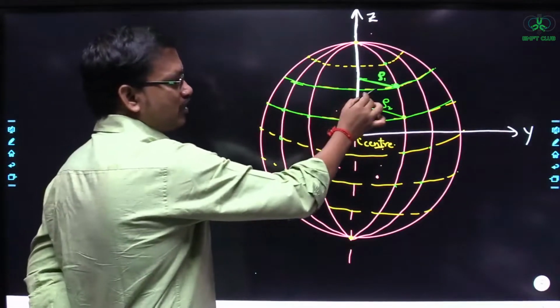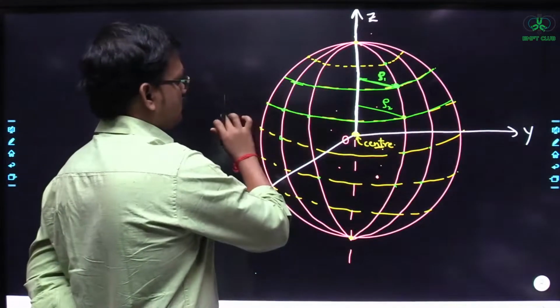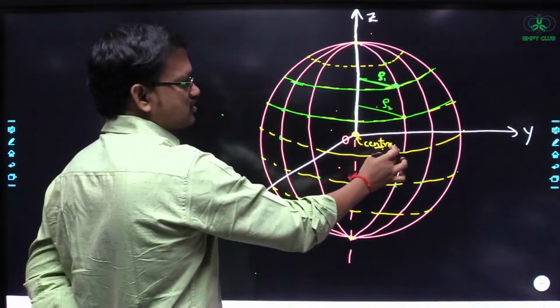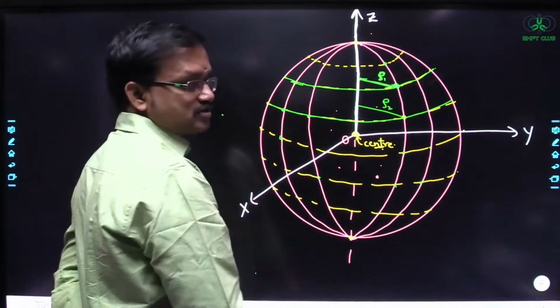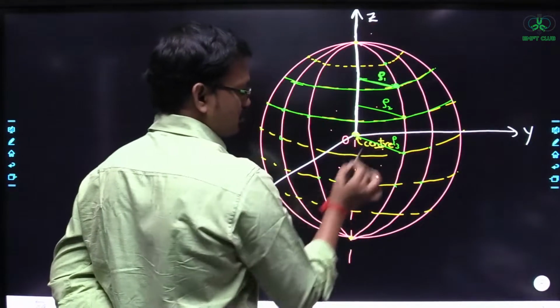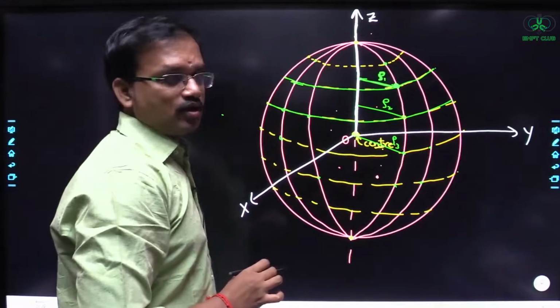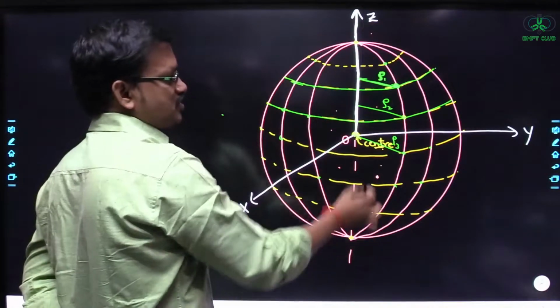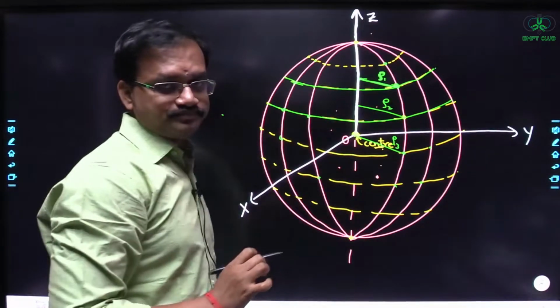As you move from one horizontal circle to another, the radius changes. Let us say this is rho 3. Like this, it changes as you move from top to bottom.